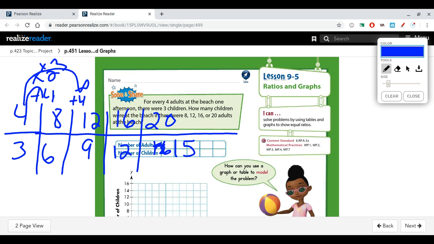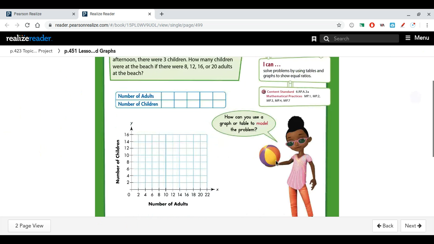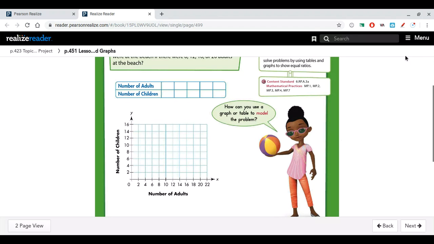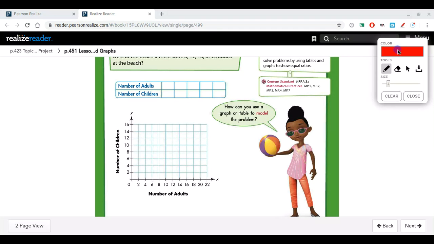Then we can take that information and put it into our graph. When we put our table into the graph, the first thing we're going to look at is plotting those points. This is a review skill from what we did in topic 4 and topic 5.